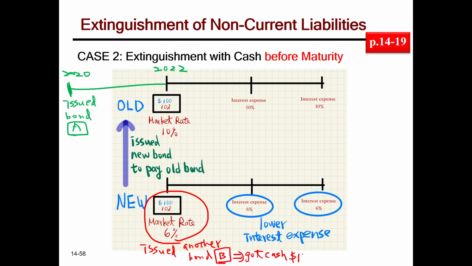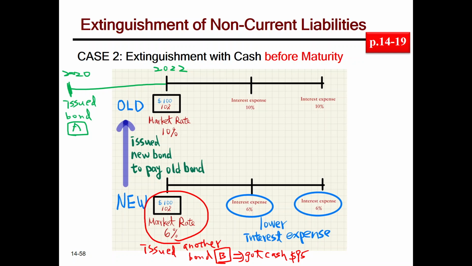How much is it? Maybe 95. So in 2022, I decided to issue bond B, get the cash 95, and use the cash 95 to buy back my old bond.